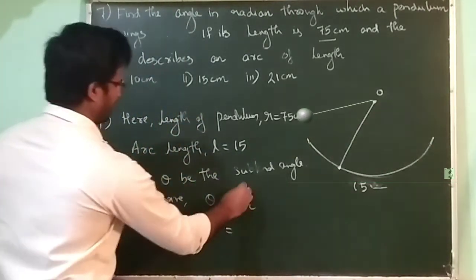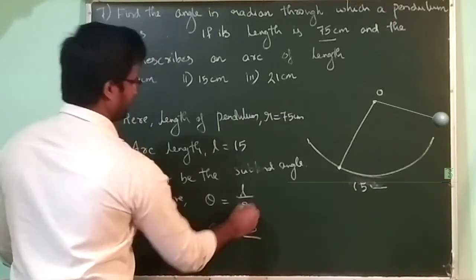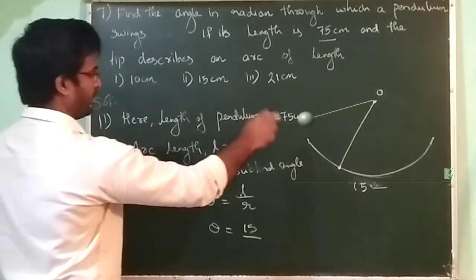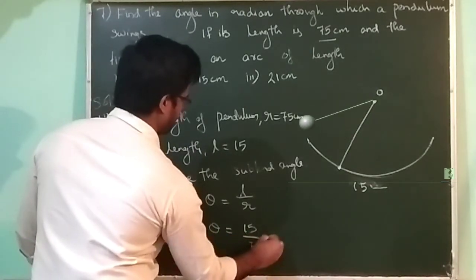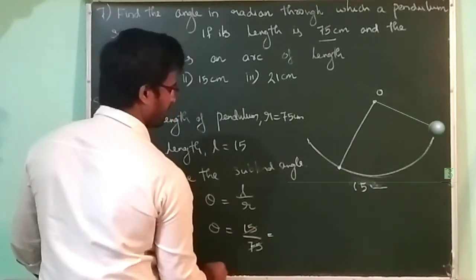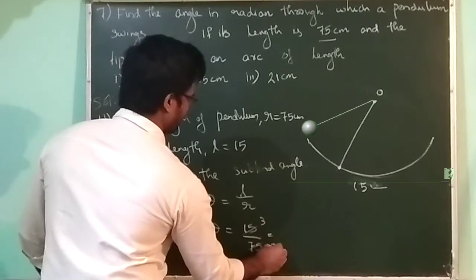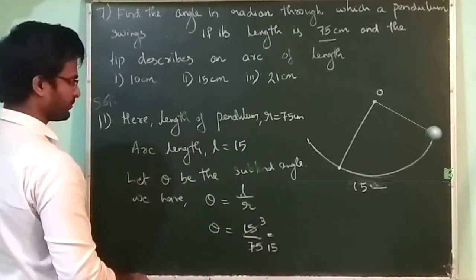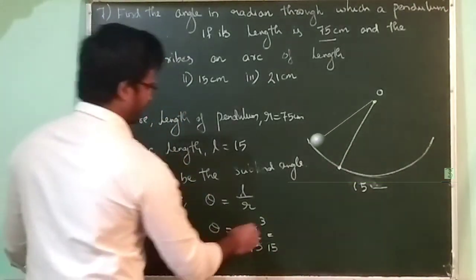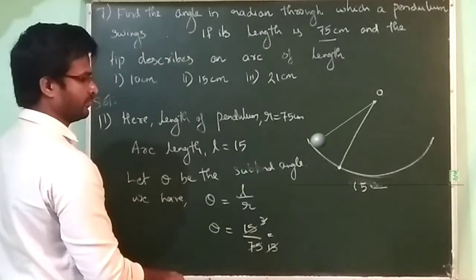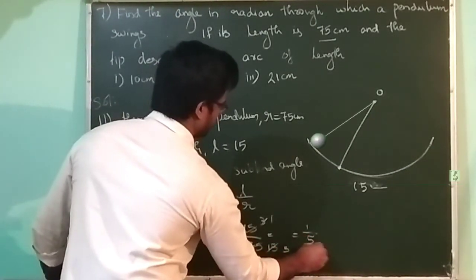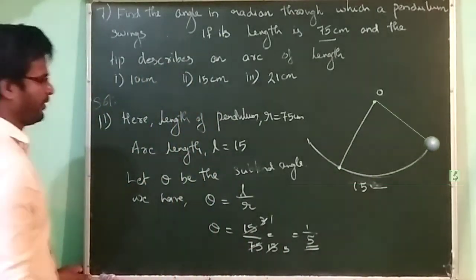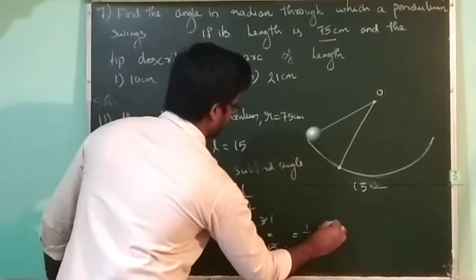Roman number 2, L means 15 by this radius equal to 75 only, length of pendulum equal only 75. Got it? Using 5: 3, 15. Then again you can cancel using 3: 1, 5. Answer is 1 by 5 radian.